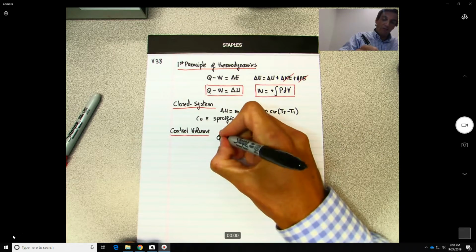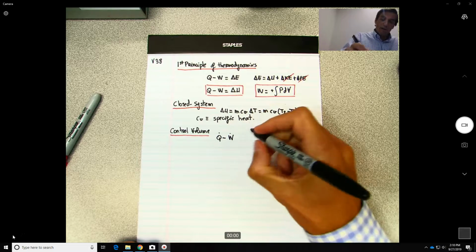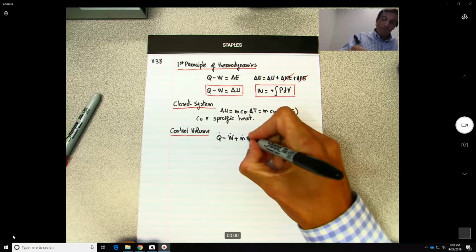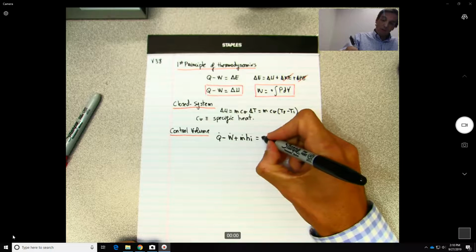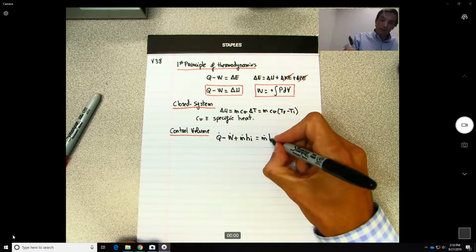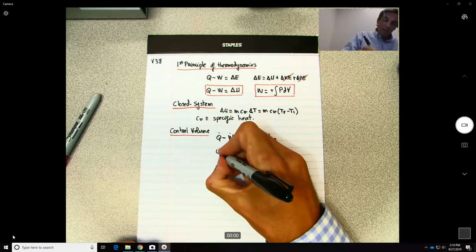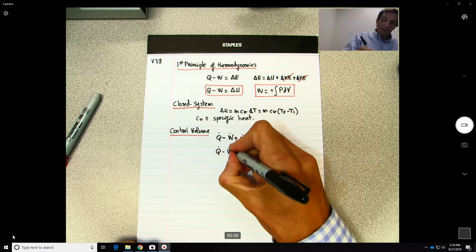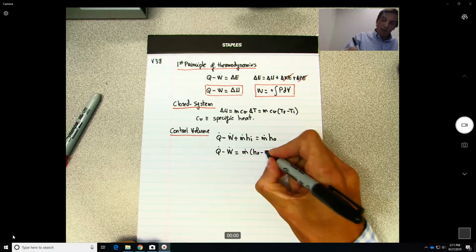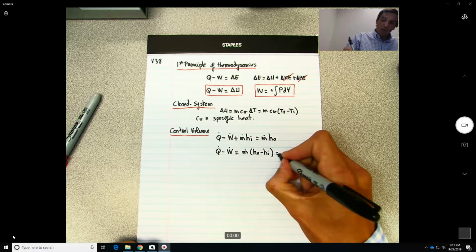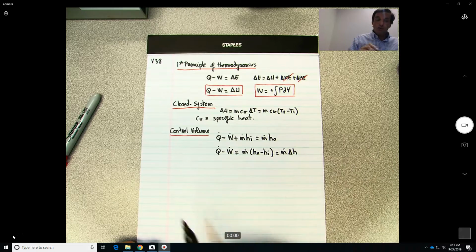So we had heat transfer Q minus power plus mass flow times enthalpy going in equal to mass flow times enthalpy going out. So in this case, we have Q minus power equal to m dot (H out minus H in), which will be equal to m dot delta H. So this is what is new now.